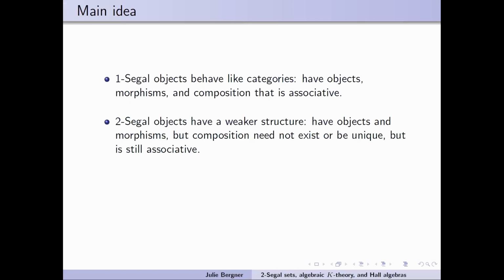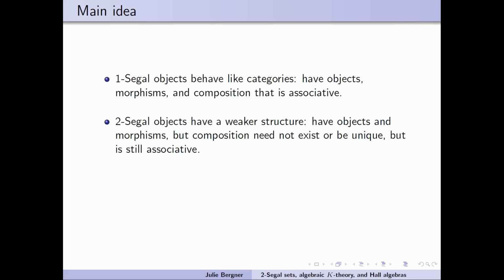Okay. So here's the big picture. One Segal objects, which maybe you've seen without a one in front, but I'm putting the one to contrast it. One Segal objects are things that behave like categories. So you have objects, you have morphisms between your objects, and then those morphisms have a composition that is associative, have identity morphisms for all your objects, things like this. Now, two Segal objects are going to be a little bit weaker.